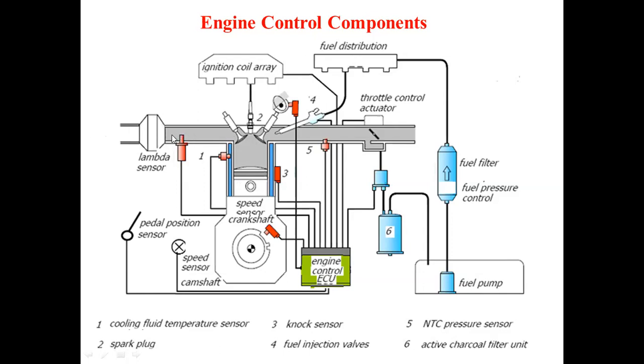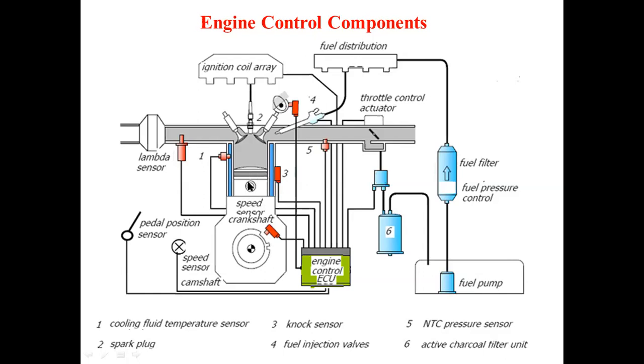Now before that silencer, you are observing the lambda sensor. Now on this engine cylinder you are observing one of the sensors, which we call a cooling fluid temperature sensor, and this is another sensor which you are observing here.